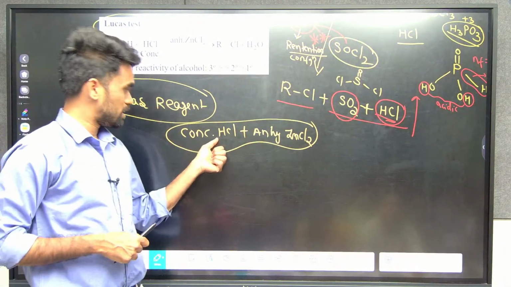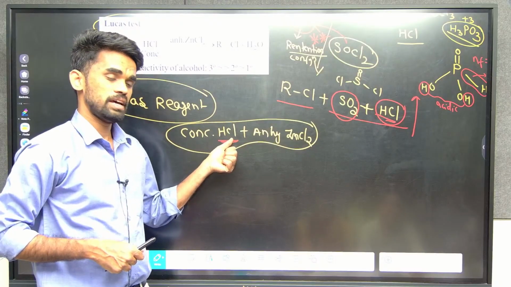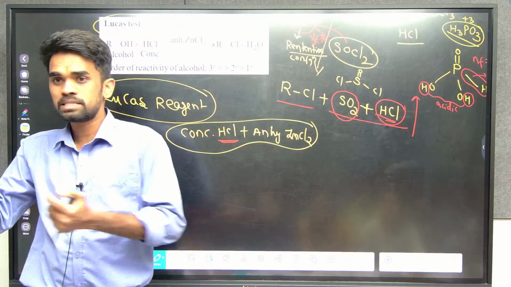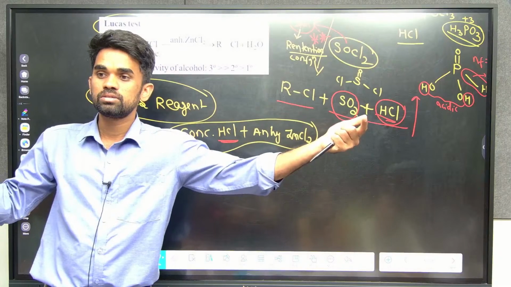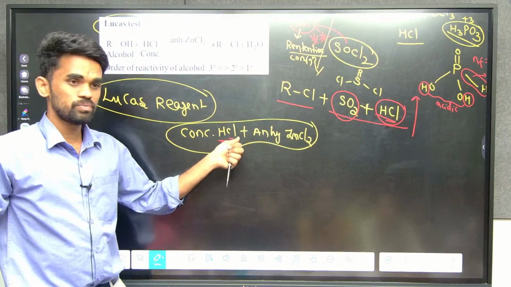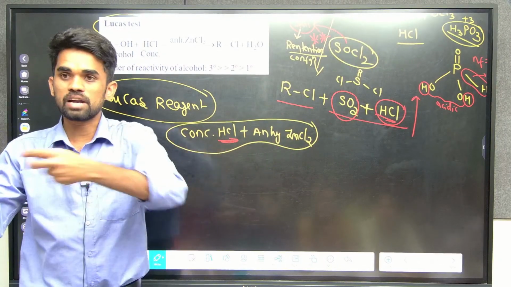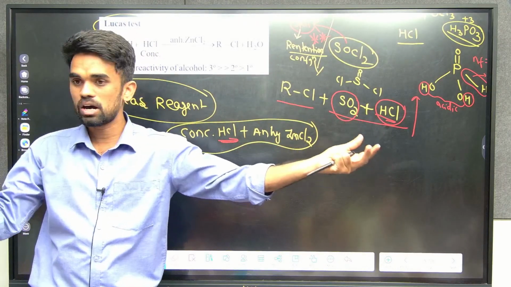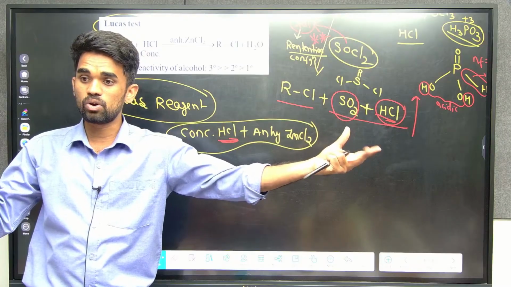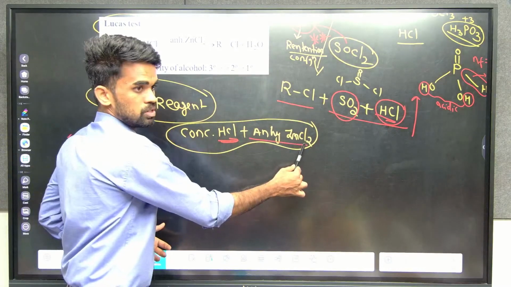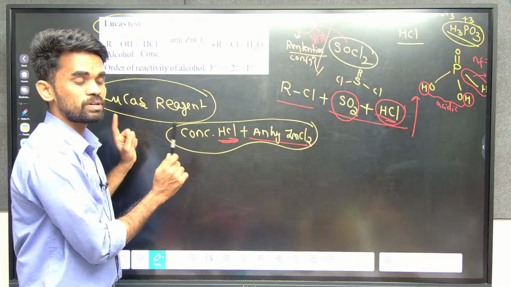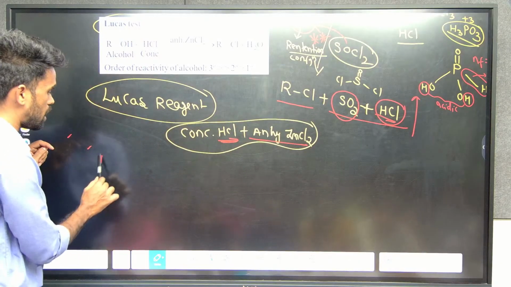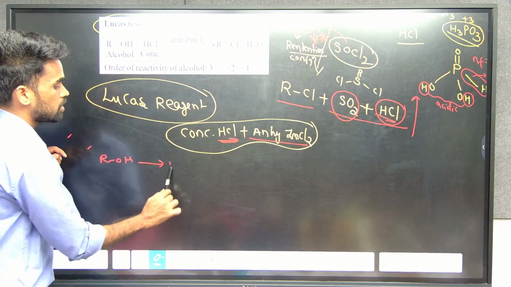We are taking HCl here, so alcohols convert into alkyl chlorides. ZnCl2 is a catalyst here. So once again, Lucas reagent is used for the conversion of alcohols to alkyl chlorides.